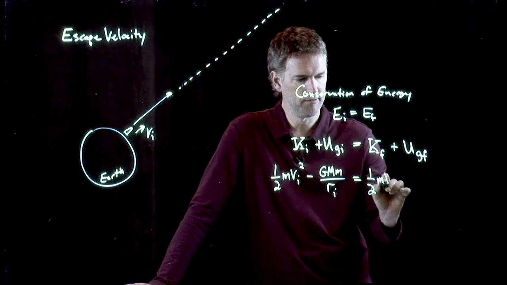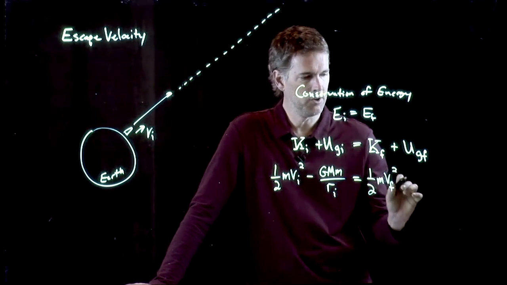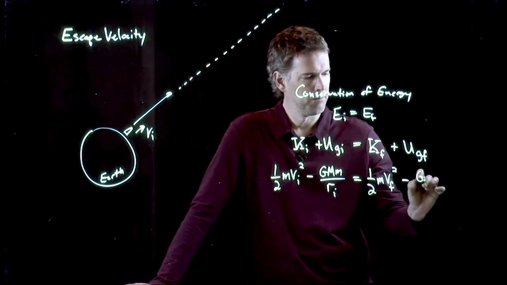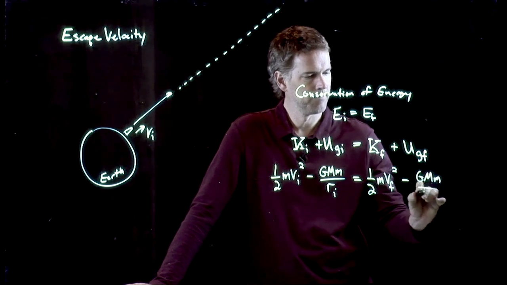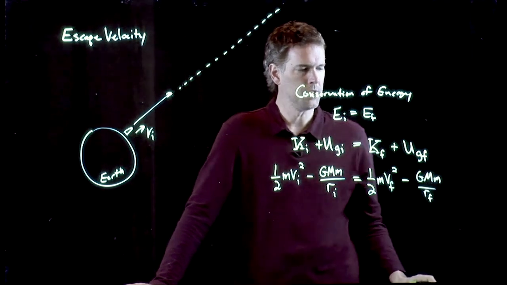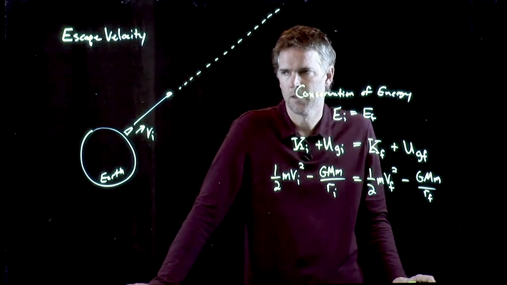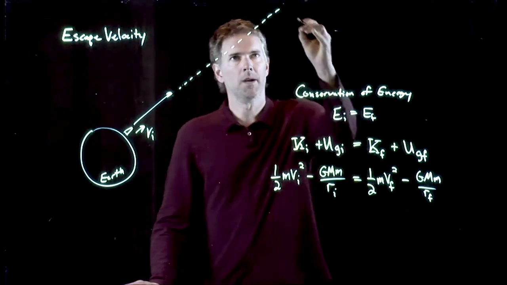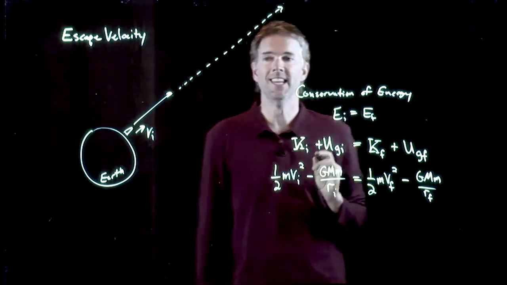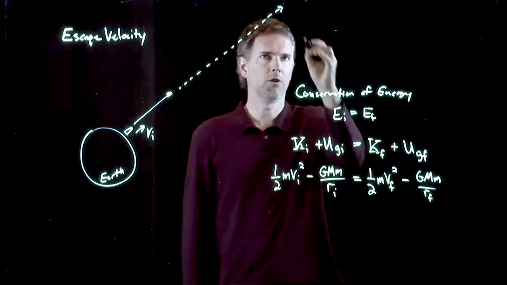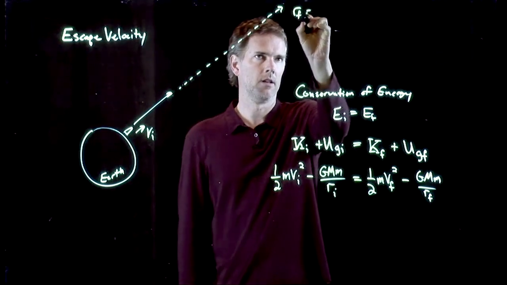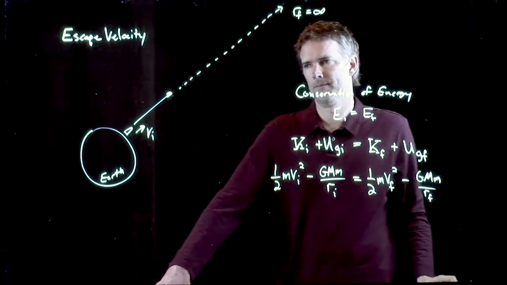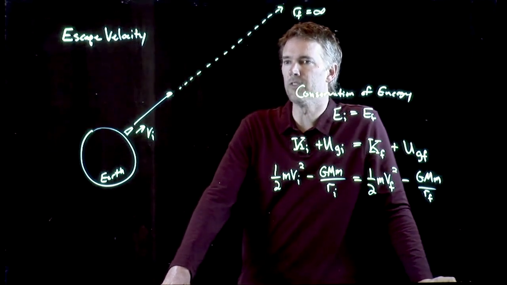Well, we still have kinetic energy, perhaps, and potential energy, negative GMm over R final. And now this is where we're going to make some simplifying assumptions. Let's say that when we get out to this distant place, it is so far away that we can call it infinity. R final equals infinity.